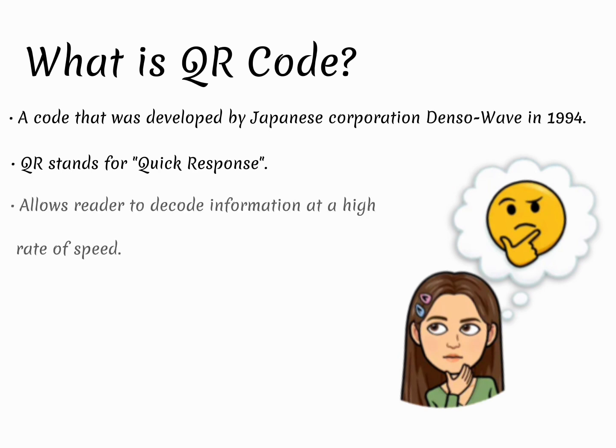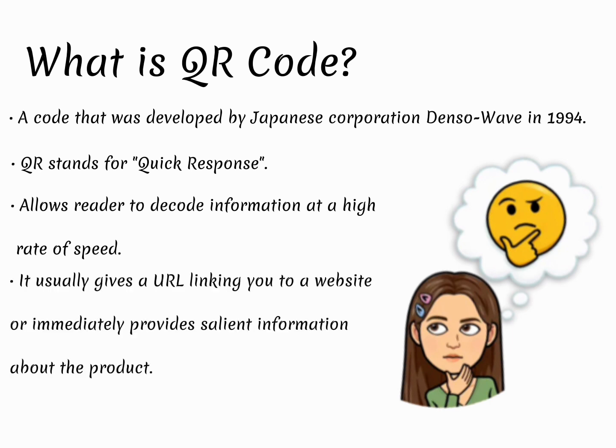Because of that, it allows the reader to decode information at a high rate of speed. QR code usually gives a URL linking you to a website or immediately provides salient information about the product. In recent years, companies have started creating QR codes for their products to direct customers to the company's official websites to learn more information about their products.